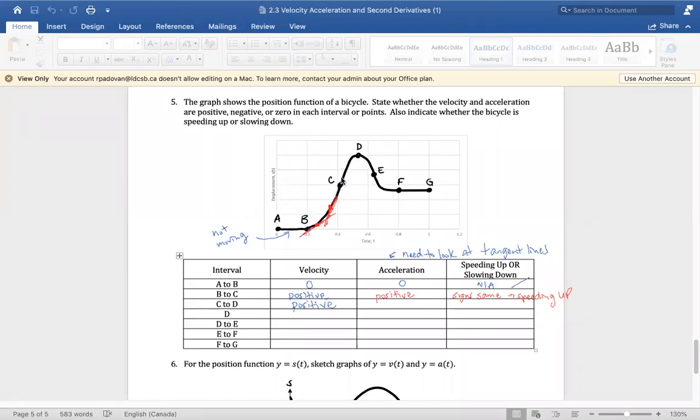Let's say I pick a spot closer to C, right here. That's very steep if I was to draw a tangent line and look at the slope of it. And then if I were to go closer to D, you can see that we're kind of flattening out. That would be my tangent line. So it started out more steep, and as I go along the curve closer to D, I'm getting less steep.